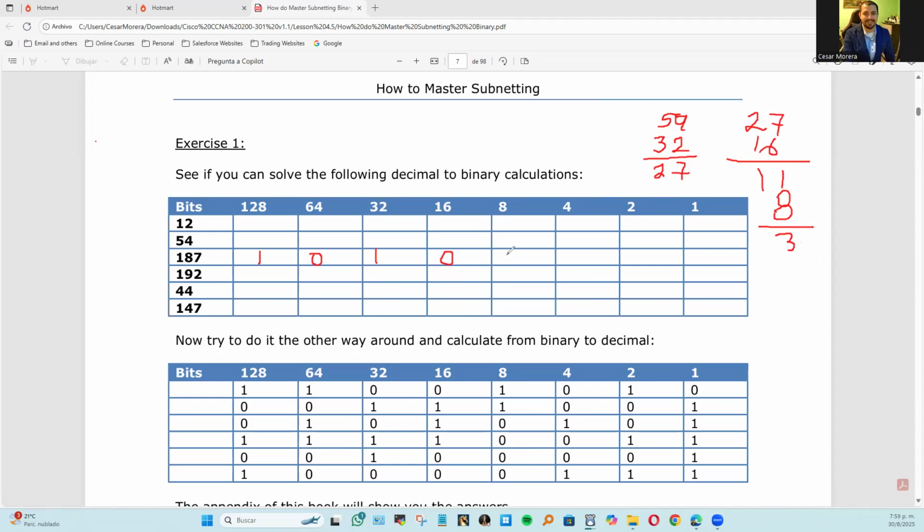So this one will be a 1. And can we subtract 3 from 4? No. So this will be a 0. 3 from 2? Yes, we can. So 3 minus 2 is actually a 1. So this will be turned on with the 1 with 2, 1 minus 1. 1 minus 1 is actually a 0. So this will be turned on. That will be the binary value for the 187 and so on.